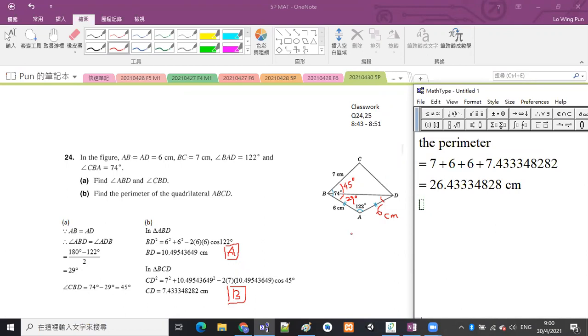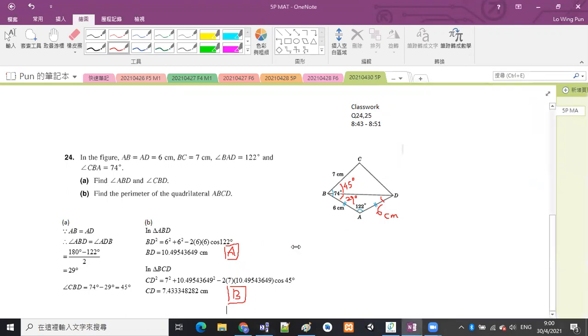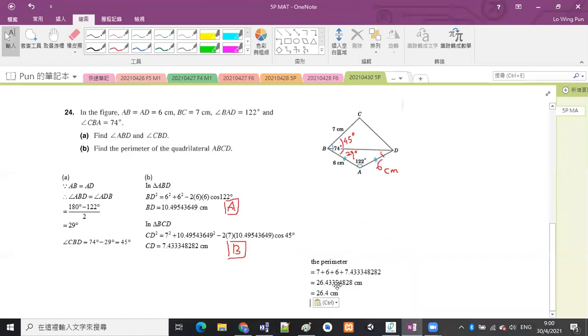As this is the final answer, you may correct this number to 3 significant figures. That should be 26.4 cm. So that is the answer of part B.